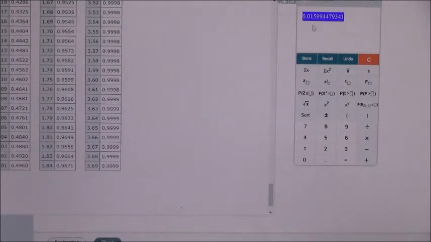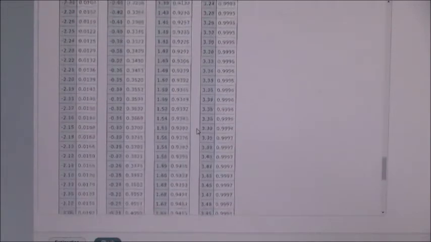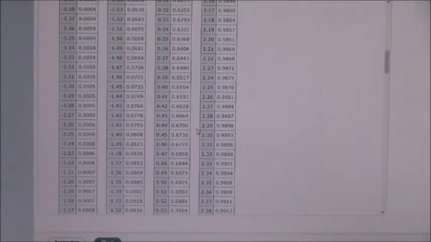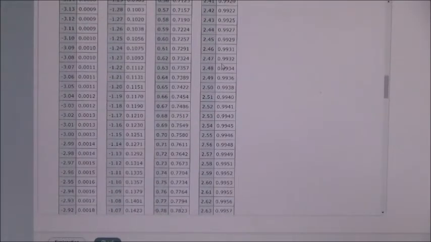Now if I were using the table, same kind of thing. I would find the upper one first. So I would go ahead and find the area at 2.47, which is 0.9932.